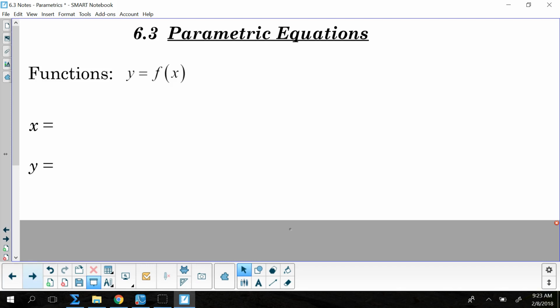So, a parametric equation is an equation. Well, let's first talk about a regular old function. If you had a function, doesn't matter what kind it is. Could be linear, could be quadratic, could be cubic, could be quintic, could be to the 18th power. I don't care.